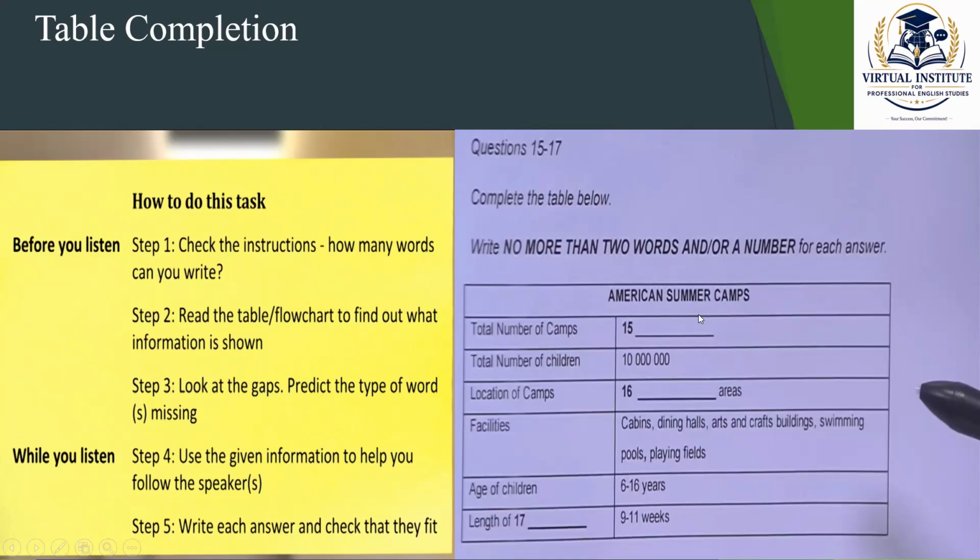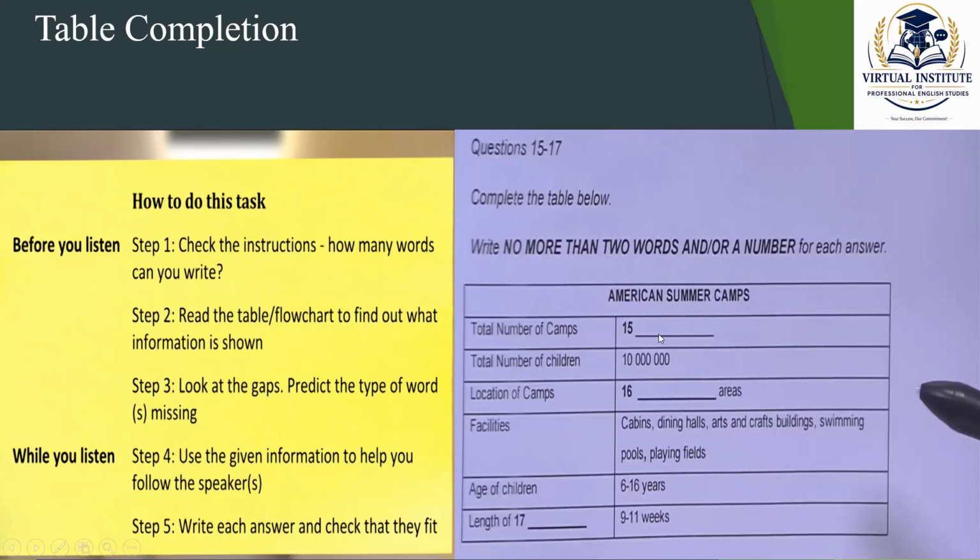So we can expect a number here in question number 15, right? Then location of camp. So dash areas, we can expect the name of a place, right? Length of dash, right? So again, it is an activity, right? It is 9 to 11 weeks, so it should be some activity or something, right? So we can expect again a word. Is it clear?